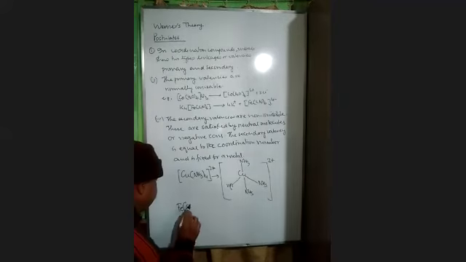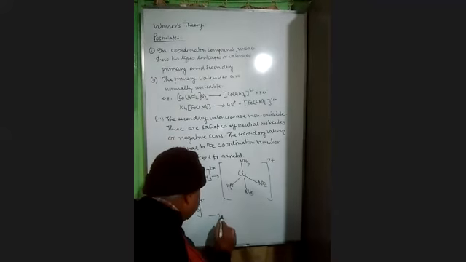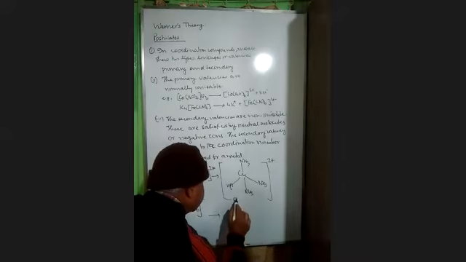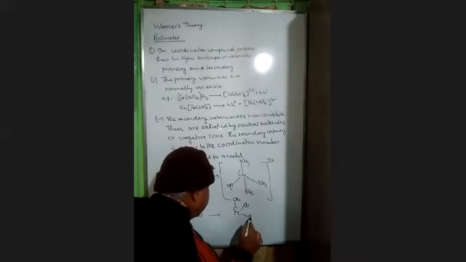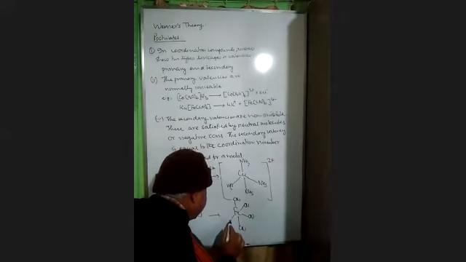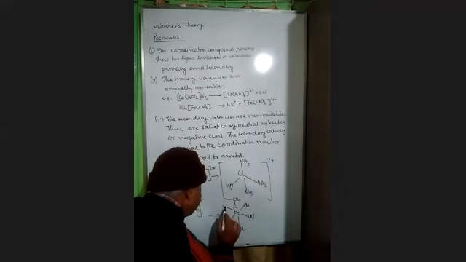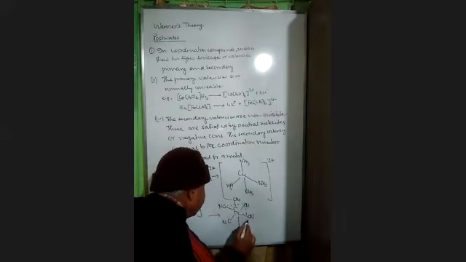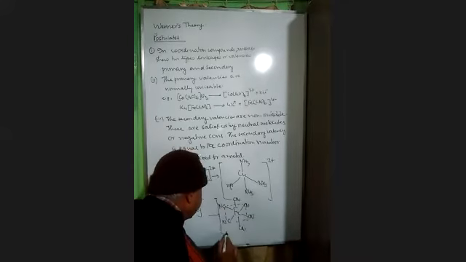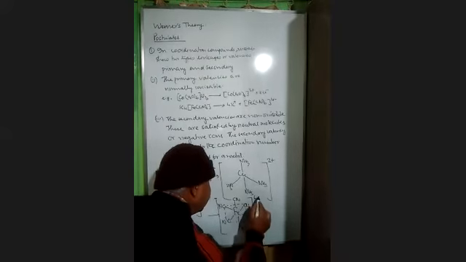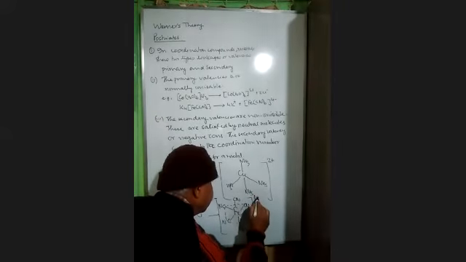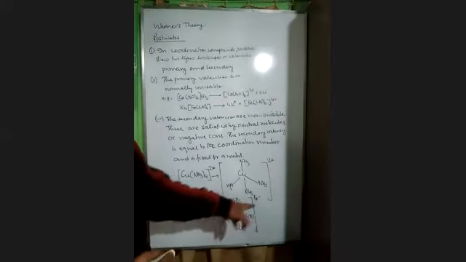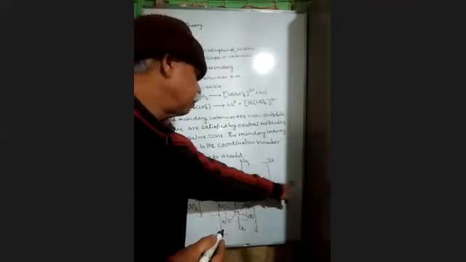What is the coordination number here? For [Fe(CN)6]4-, see here, it is cyanide, cyanide, cyanide, cyanide, cyanide. This is octahedral. Okay? What is the coordination number? Coordination number 4. Coordination number 6.